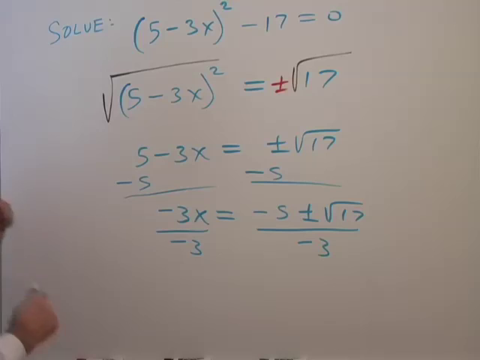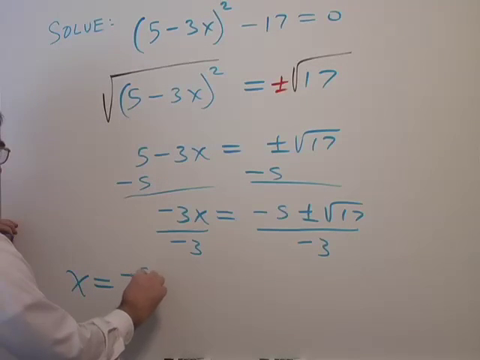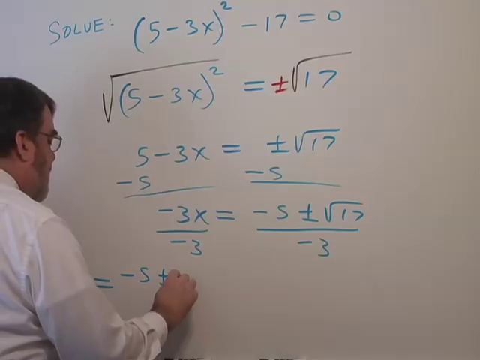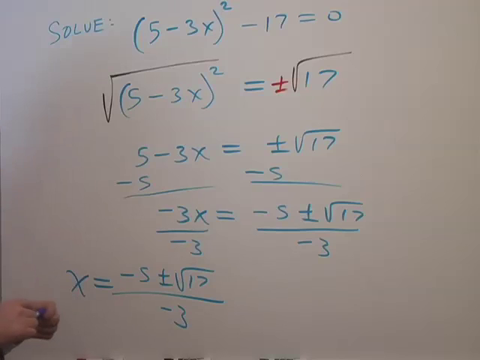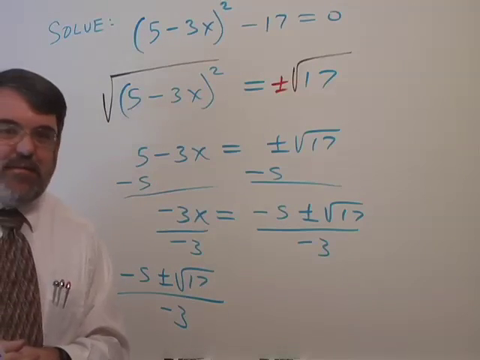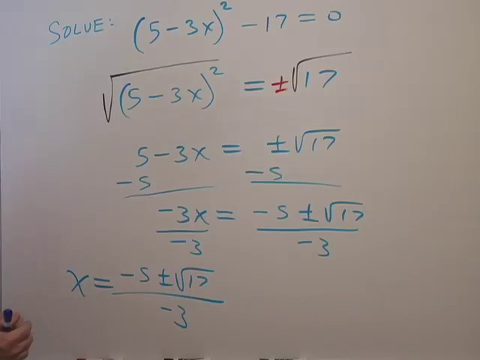So our answer is going to be x equals negative 5 plus or minus the square root of 17 over negative 3. That's probably not how I would write the answer, because I don't like to have negatives in the denominators.